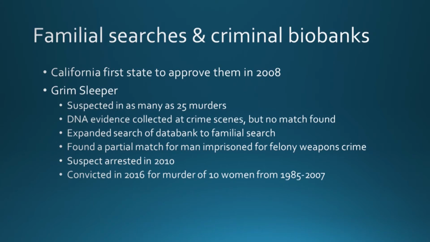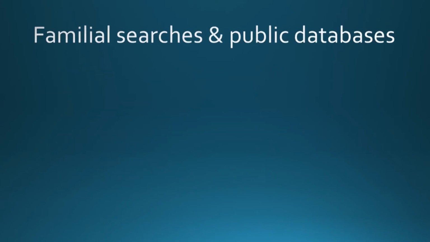So this Grim Sleeper was arrested in 2010, and he was actually sentenced to death in 2016 for the murder of 10 women. So there's still some unsolved crimes. He might have done that, and they just couldn't find enough evidence, or we don't really know, right?